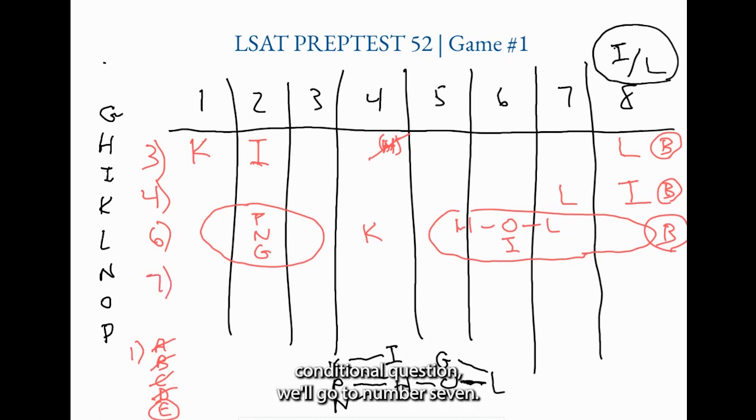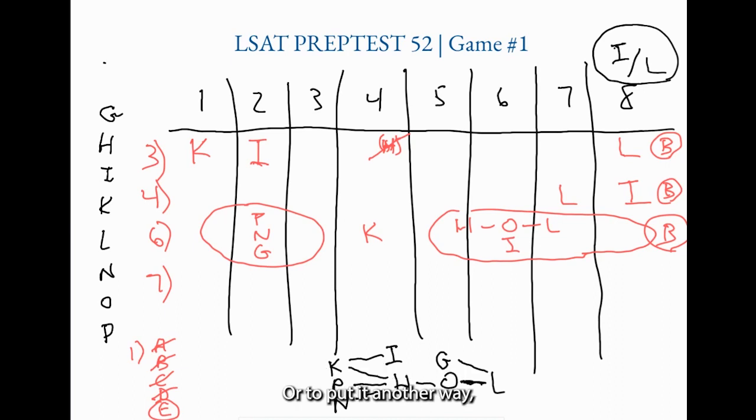For our final conditional question, we'll go to number 7. And you want to note here, this one is phrased differently. It has an except, but it's must be true except. That's a little different than could be true except, because the opposite of must be true is actually could be false.